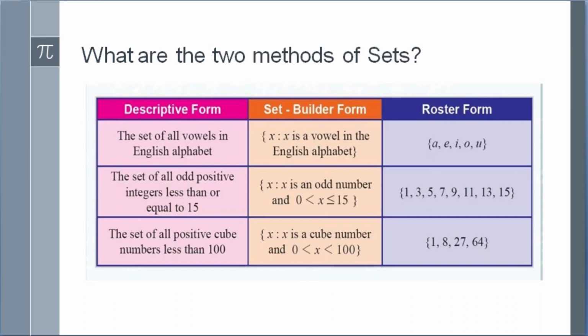So now we move on to the representation of sets. As you can see, the first process shown on your screen is the descriptive process. There's nothing to explain. You can understand by seeing that you have to write in a descriptive form. Now we move on to the rule method or set builder form.